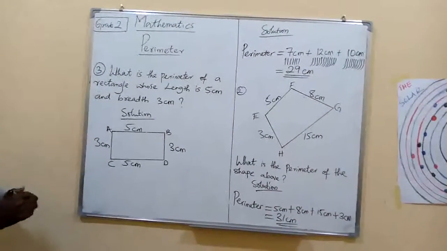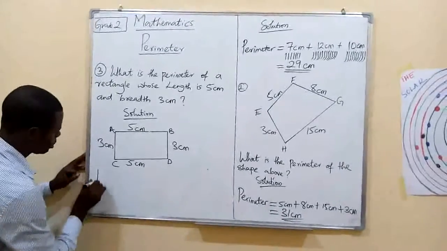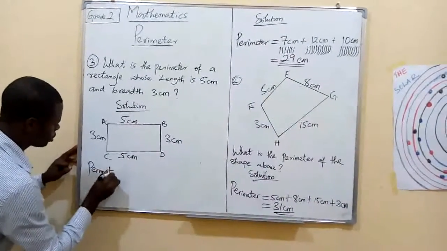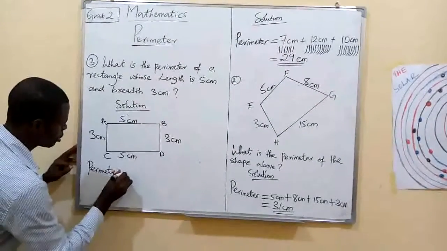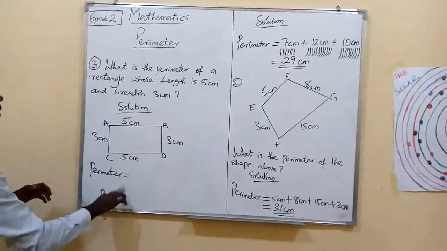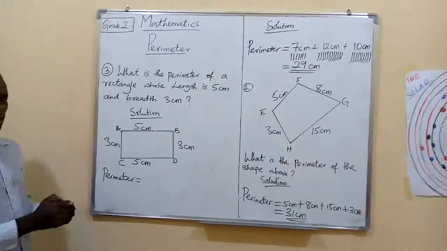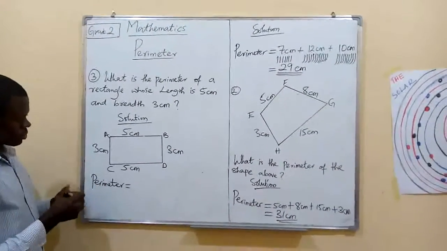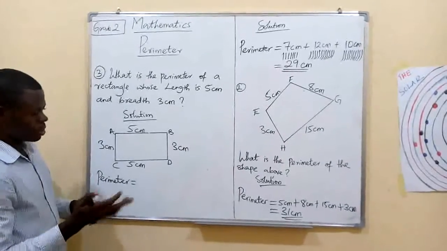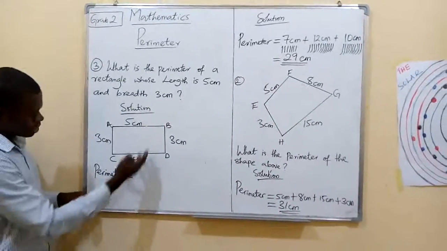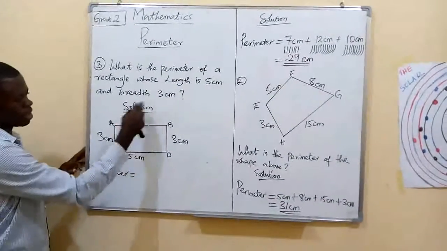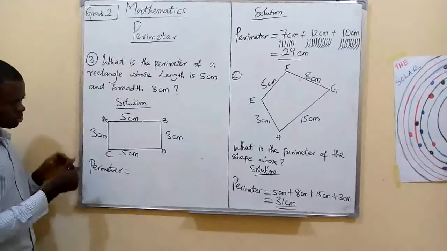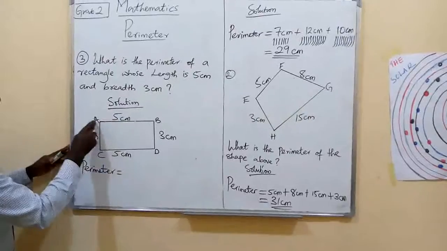Alright? So now, perimeter of this shape is going to be equals to what? Remember, perimeter has to do with total distance round a shape. So we are going to take the total length of this rectangle. Starting with AB.